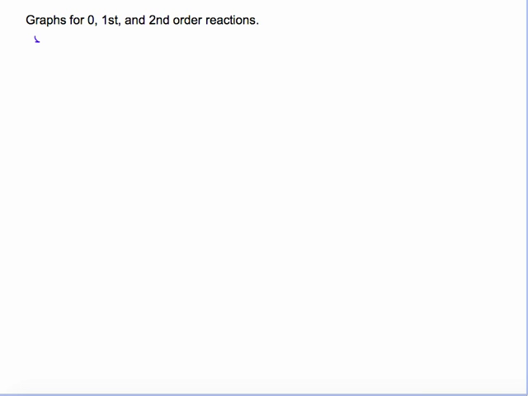Okay, I'd like to go through how to interpret from a graph whether a reaction is first, second, or zero order. So the first thing is, let's say you collect some data, and you have a graph with some sort of concentration of substance A, and you're seeing how the concentration of substance A changes over time.